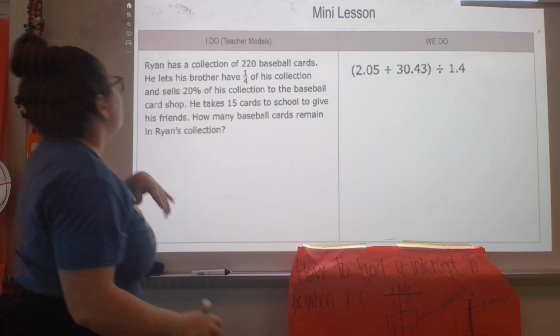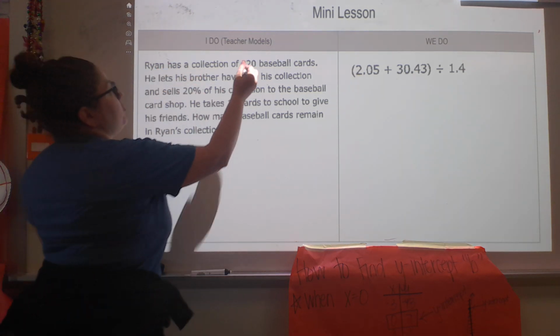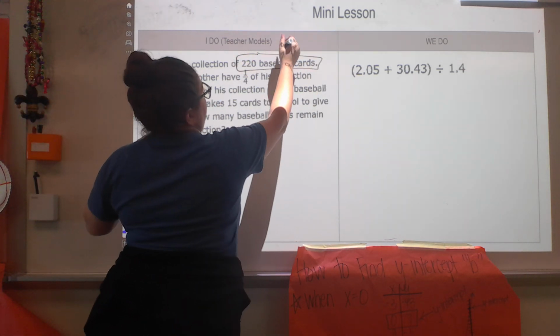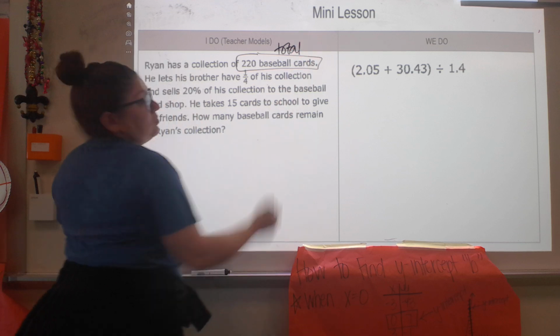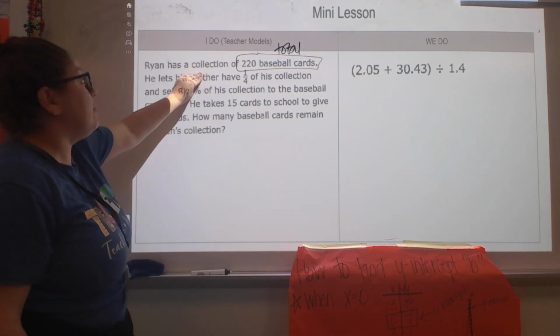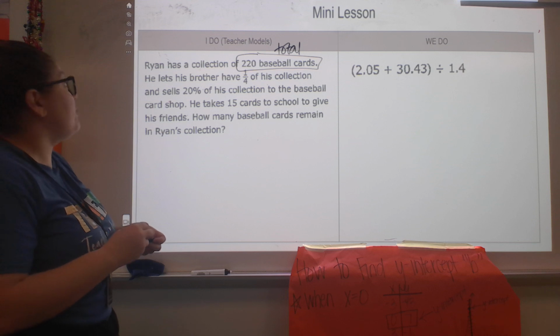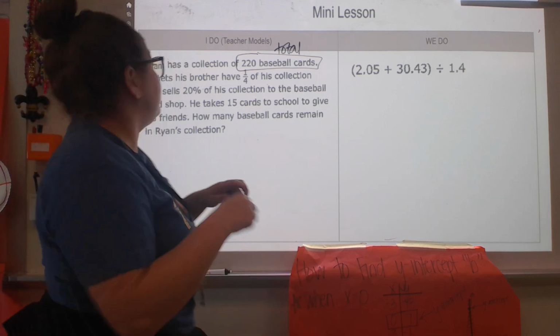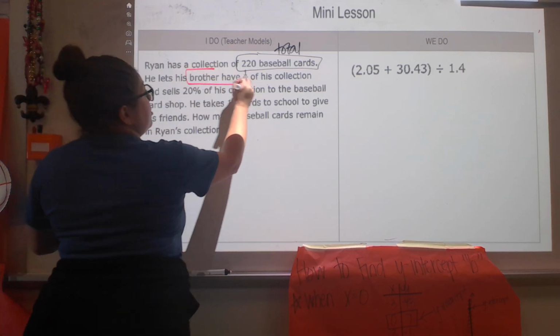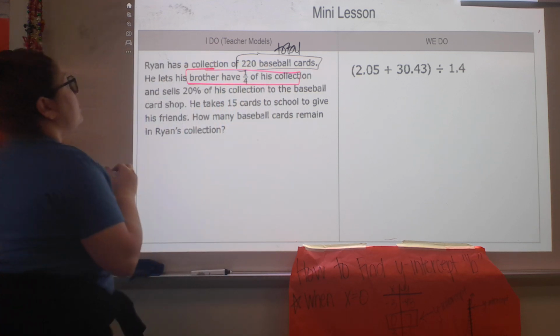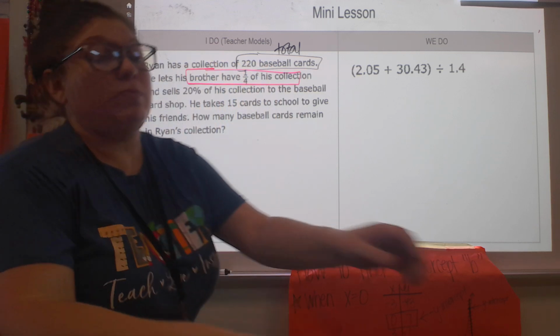There it goes. Okay, Ryan has a collection of 220 baseball cards. We know that's his total. That's how much is in his collection. It says he lets his brother have 1/4 of his collection. Brother, 1/4 of his collection. Okay, he sells 20%.